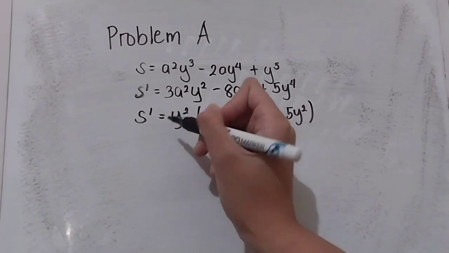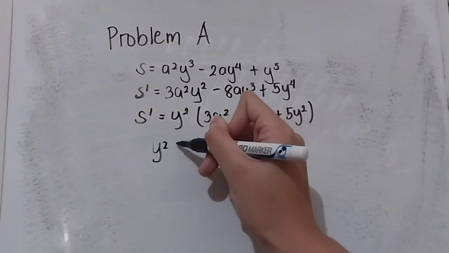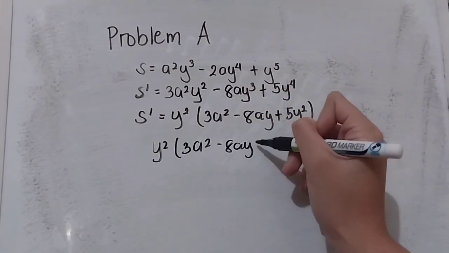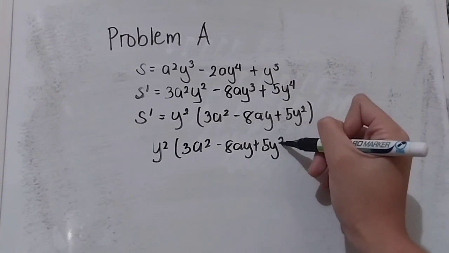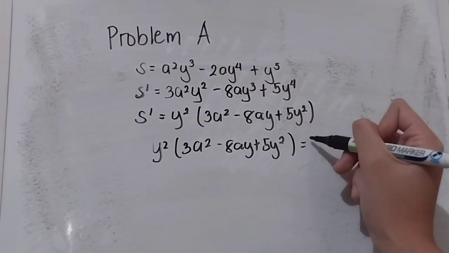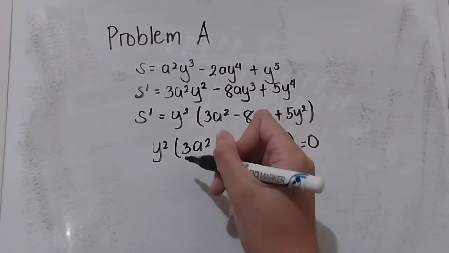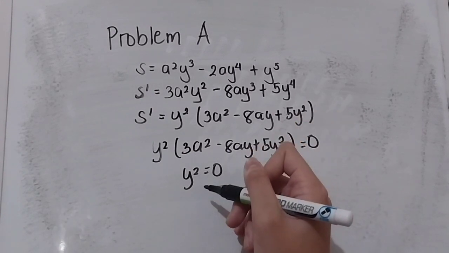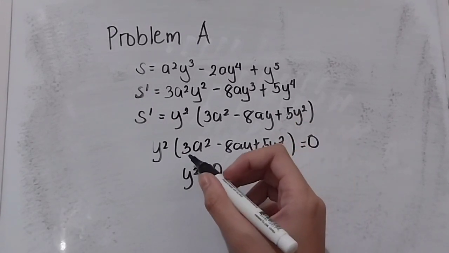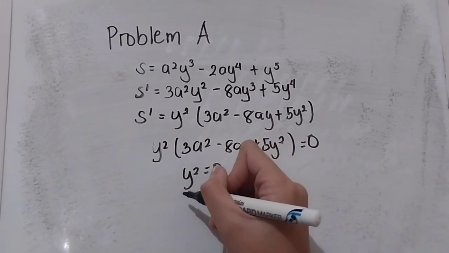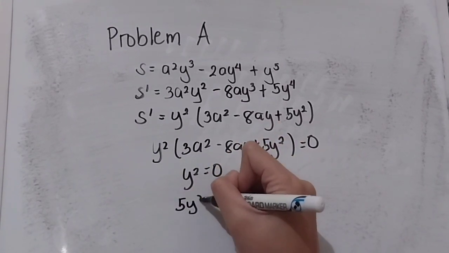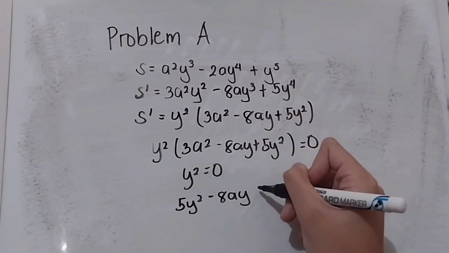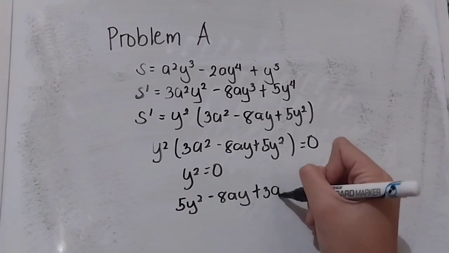So we will equate this: y squared in parentheses 3a squared minus 8ay plus 5y squared is equal to 0. So y squared is equal to 0. We will rearrange the given inside the parentheses. So it will become 5y squared minus 8ay plus 3a squared.